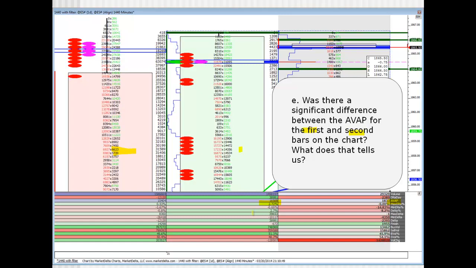The average volume at price actually increased here, even though we had less volume. So that meant at each price level there was certainly more volume traded than the prior day. Also, this could be accounted for by virtue of the fact that the range for this up day was a smaller range than the prior down day.